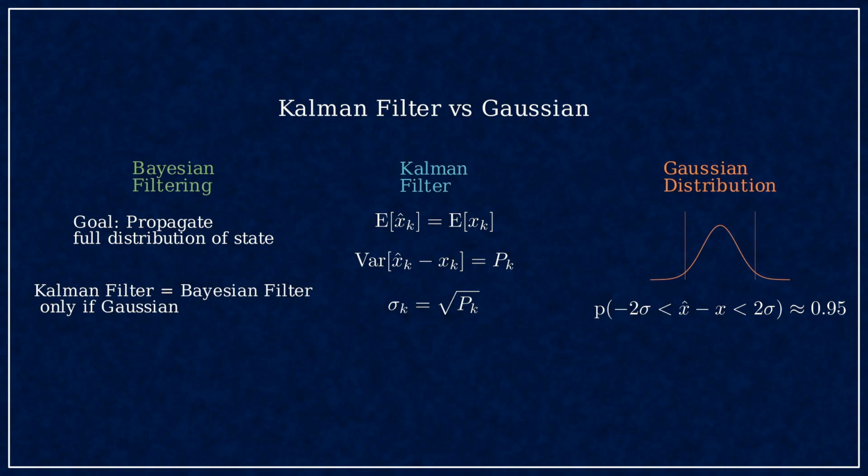Now, in this case, Bayesian filtering collapses into the Kalman filter only for Gaussians. The question is, are you really interested in the full distribution? This is where engineering judgment comes into play. You need to decide for your application. You'll never get perfectly Gaussian white noise, but also it won't be far off from it.